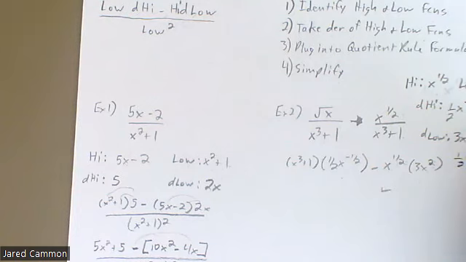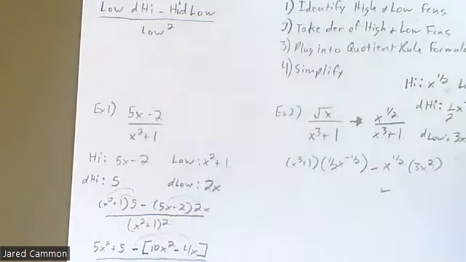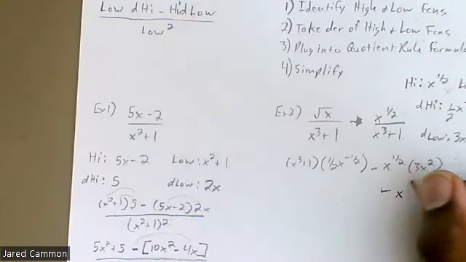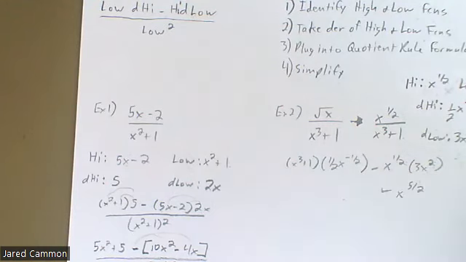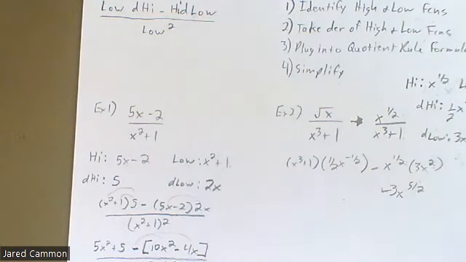We're going to say 4 over 2. That's going to give us 5 over 2. Again, you can do that in your calculator if you want to. So we're going to have negative x to the 5/2. All right, so we're multiplying these, and let me not forget the 3x right there. So negative 3x to the 5/2.